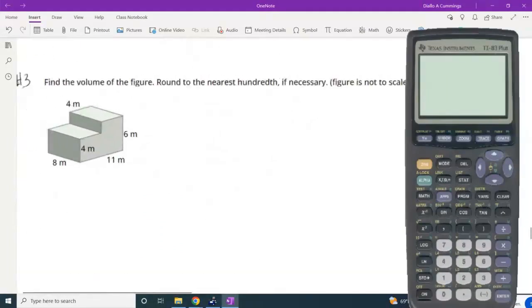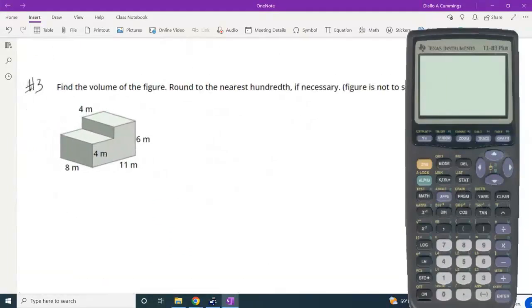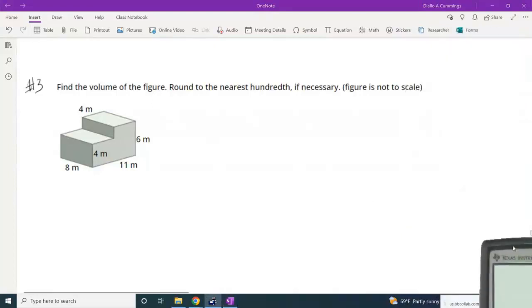For problem number 3, we're asked to find the volume of the figure, round to the nearest hundredth if necessary, and this figure is not drawn to scale. For this particular figure, we're going to break it up into two shapes. There's a couple ways you can break this up, but I'm actually going to split it here.